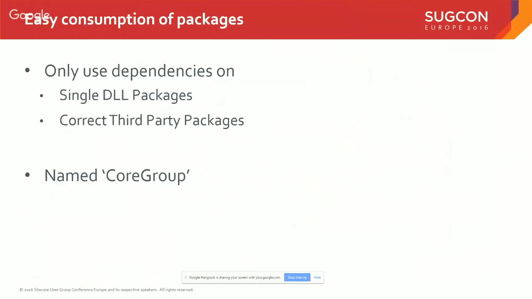I suggested core group in the forum because it's good enough that it describes what it is, and bad enough that no one will ever use it. Hopefully everyone else sees it that way. There's been internal conflict about that. I'm not going to use bundle because someone will use it. You've got to have a good reason to use core group, so you're not going to clash in the future. Cool, thank you.